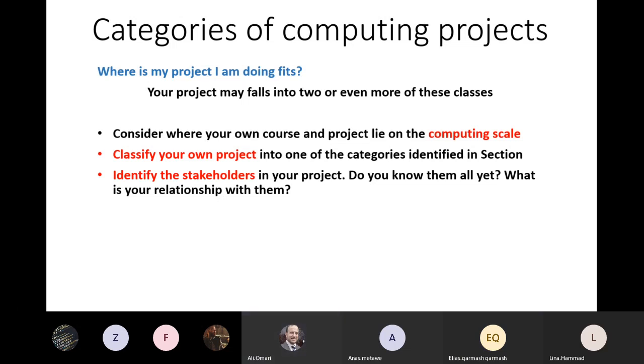So the first thing, to classify your project, is to start giving it a little bit of thinking like Elias did. He analyzed what he's trying to do, and based on these categories, think about where my project will probably fit: maybe industrial-based, problem solving, maybe evaluation.